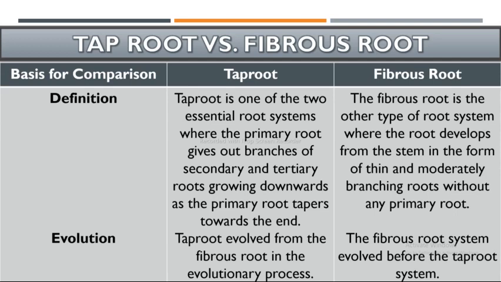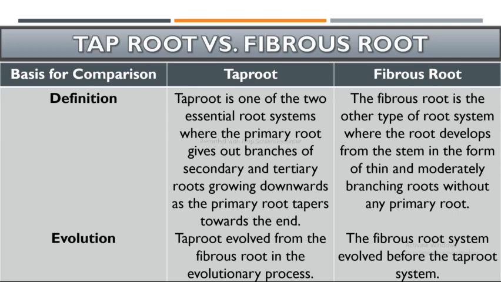Taproot is one of the two essential root systems, where the primary root gives out the branches of the secondary and tertiary roots, growing downwards as the primary root tapers towards the end. The fibrous root is the other type of root system, where the roots develop from the stem in the form of thin and moderately branching roots without any primary root.